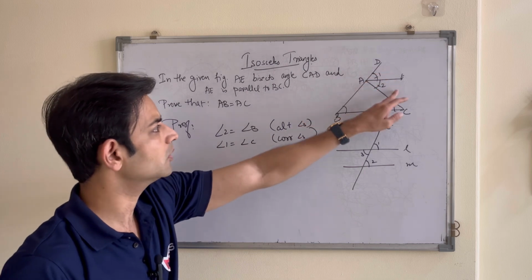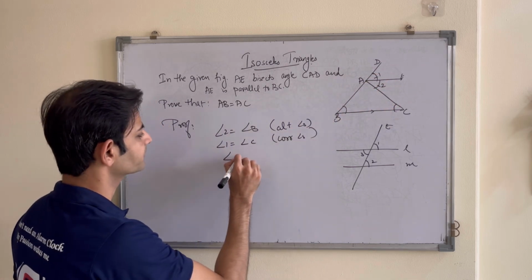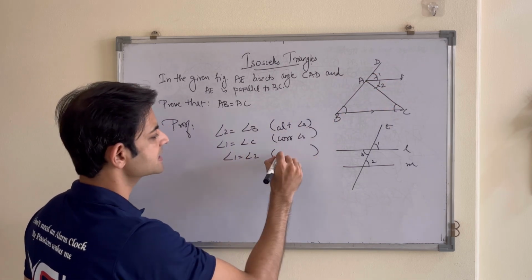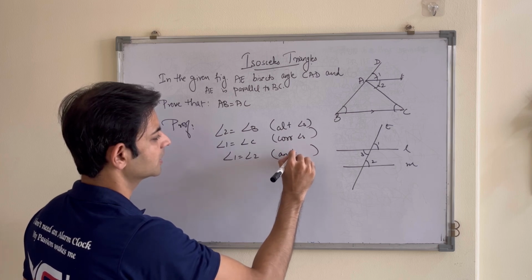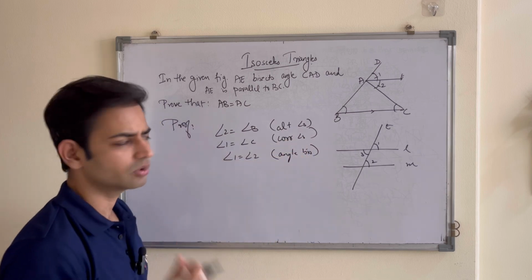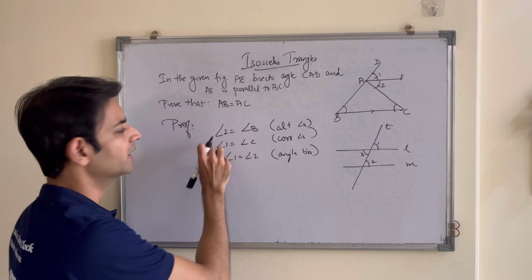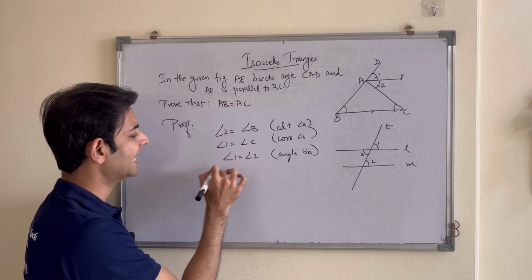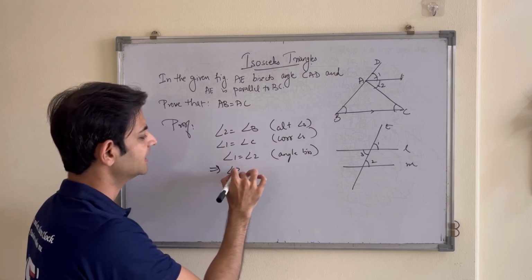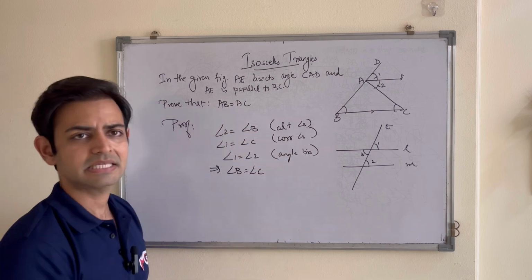Now we know that angle 1 is equal to angle 2 because it is the angle bisector, or you can say given also, and because angle 1 is equal to angle 2, we can say that this implies angle B is equal to angle C.